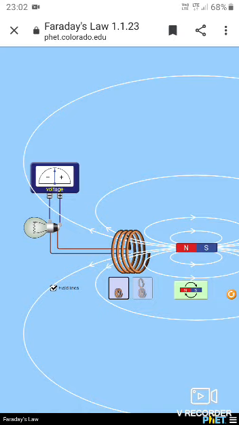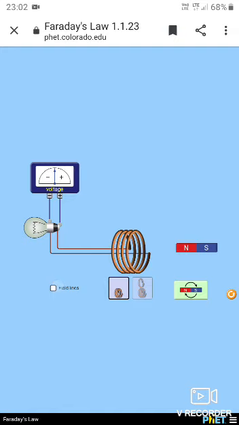Now, we'll move on to the next part. I'll take off the magnetic field lines now. Can you observe the coil now? The coil has how many turns? It has 4 turns.